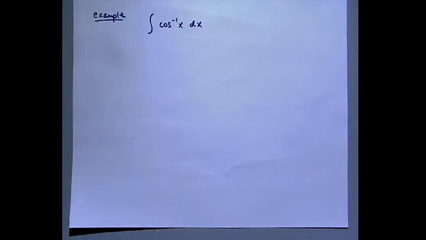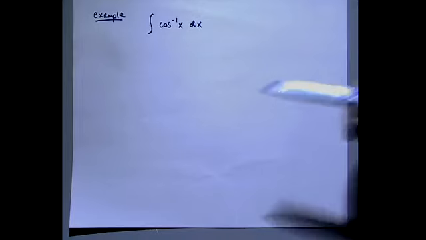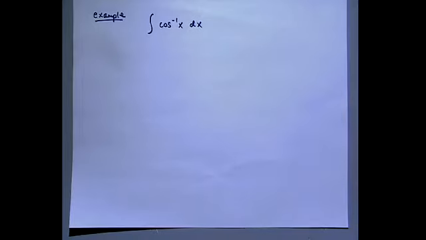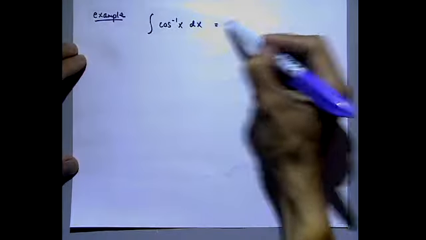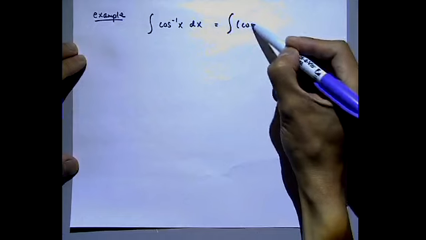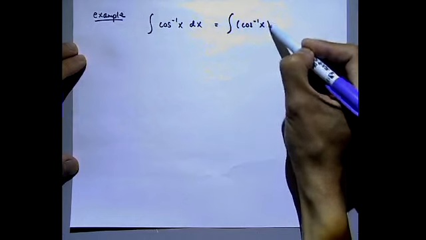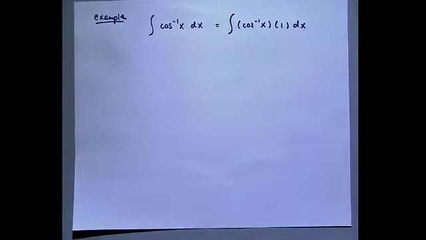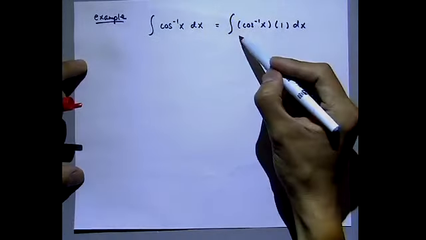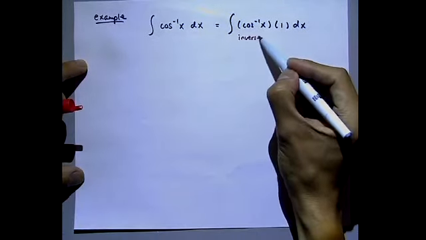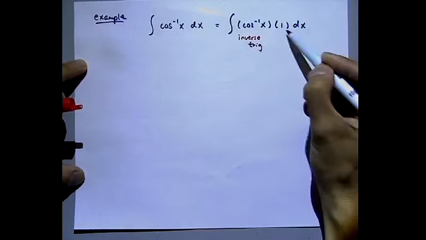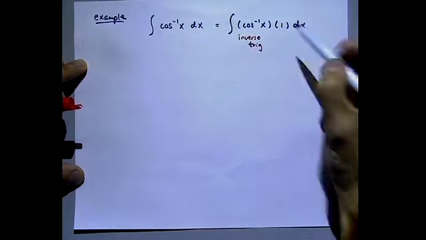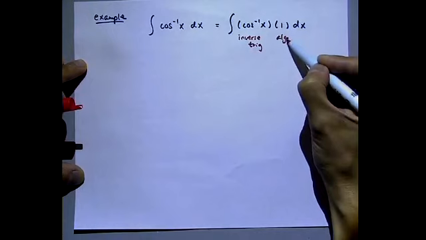Sometimes you only have one thing to choose from. Like in this case, we have cosine, inverse cosine, and just dx. In that case, imagine you are doing inverse cosine of x times 1. And 1 is like x squared. It's an algebraic part.